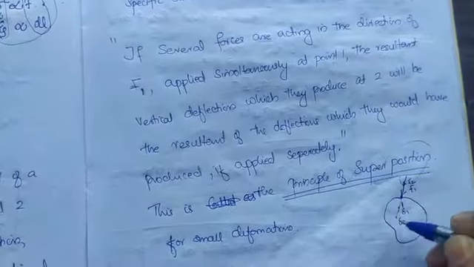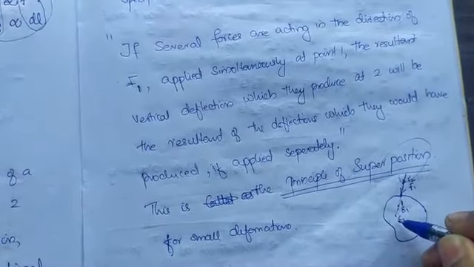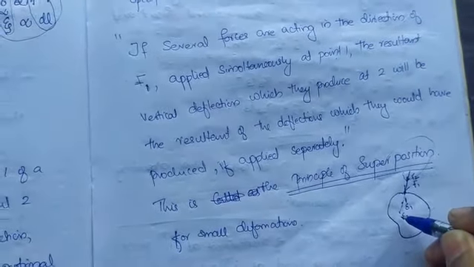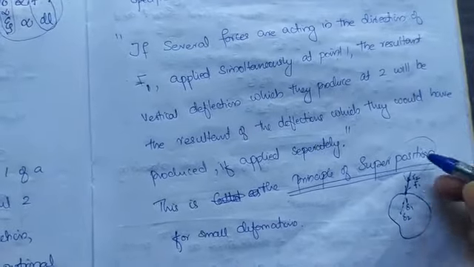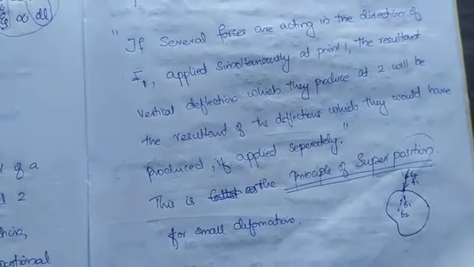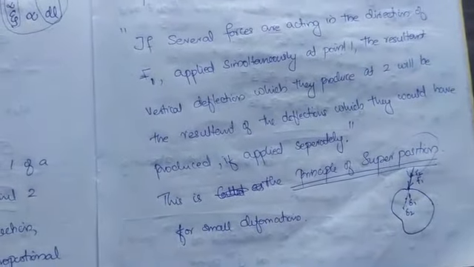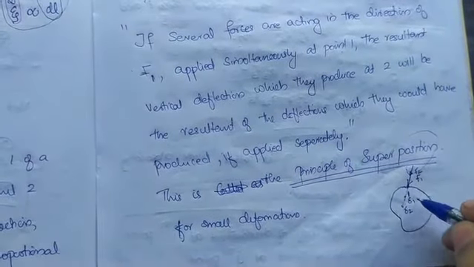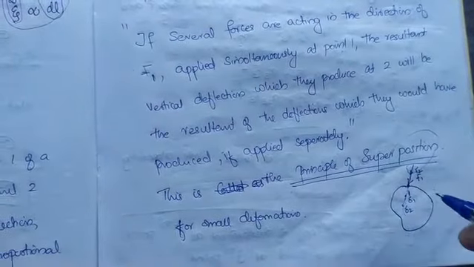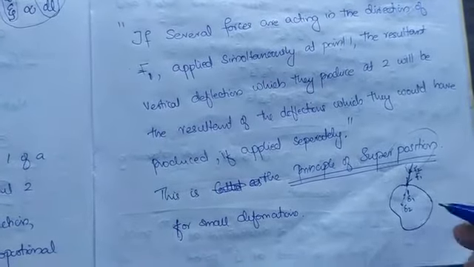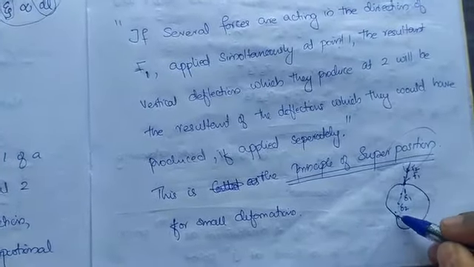Again F3 makes delta 3 displacement. Similarly, if you apply many loads, say at times T1, T2, T3, and so on, the total deformation is delta 1 plus delta 2 and so on, up to delta n.